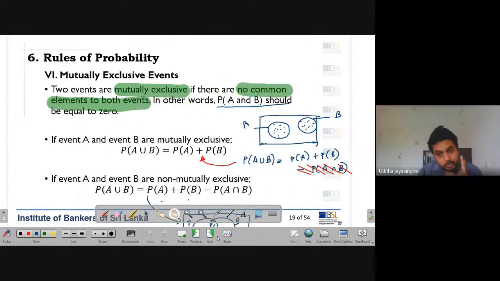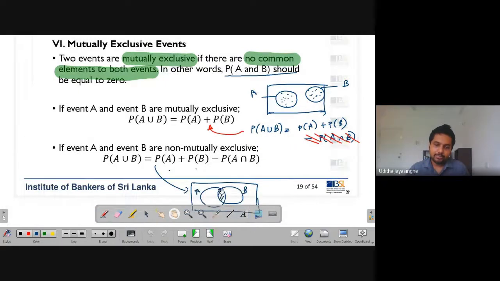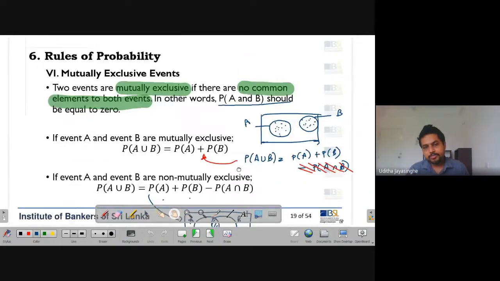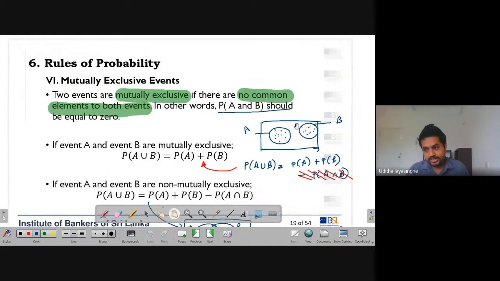Last one, mutual exclusiveness, is where you can argue from area. The angle is whether you can find anything common in A intersection B or otherwise. If there is commonality, of course, a diagram like this will occur, and non-mutually exclusive is the instance. If there is no commonality like this, then we can call them mutually exclusive events.